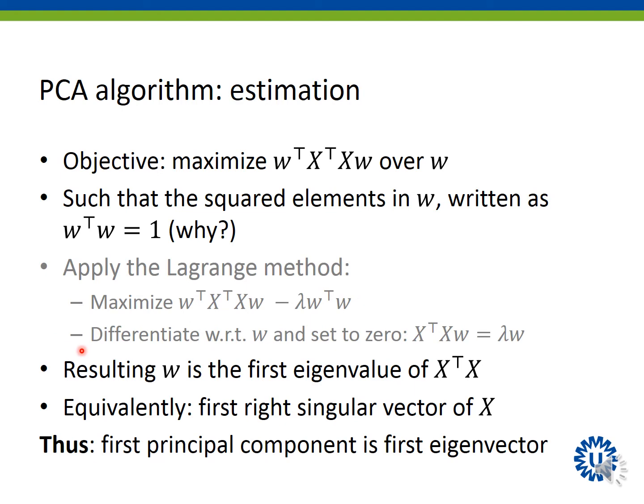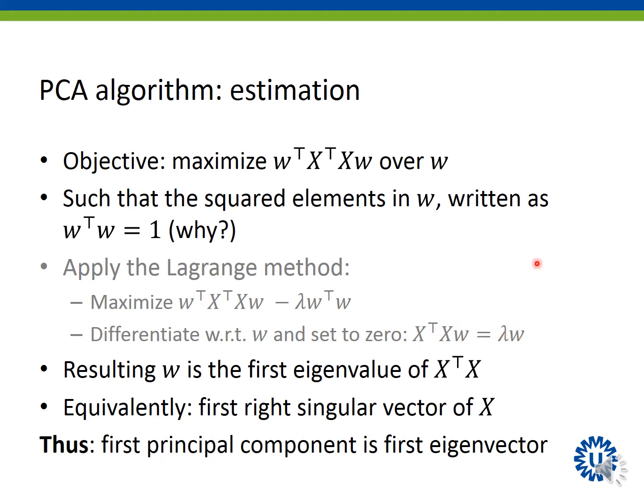So as with all maximization problems, you can try to first differentiate with respect to w, and then set the result to 0. Well, if you do that and you write it out, you get the following equation: x transpose x times w is equal to lambda times w.